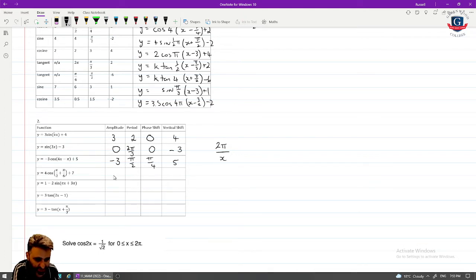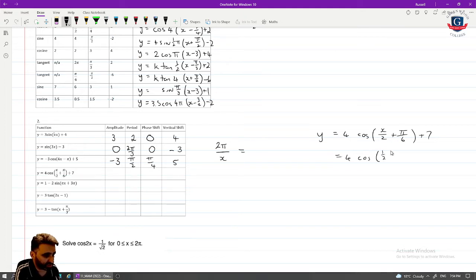So we start with 2 pi on x. We want to know what to divide it by to get to whatever value of b we've got. This isn't factorized again, so we better factorize it. So y equals 4 cos x on 2 plus pi on 6 plus 7 equals 4 cos half x plus pi on 3 plus 7.